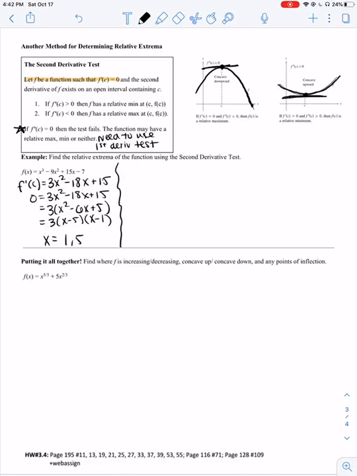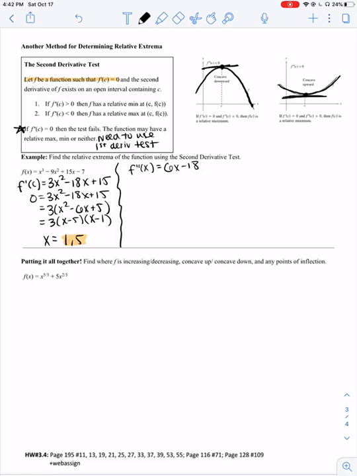Okay, and so what we need to do now is take each of these values and plug them into the second derivative, which means we first need to find the second derivative. It would be 6x minus 18. For the first derivative test, you'd have to make the sign pattern chart, put the 1 and the 5 on there, and test the intervals.